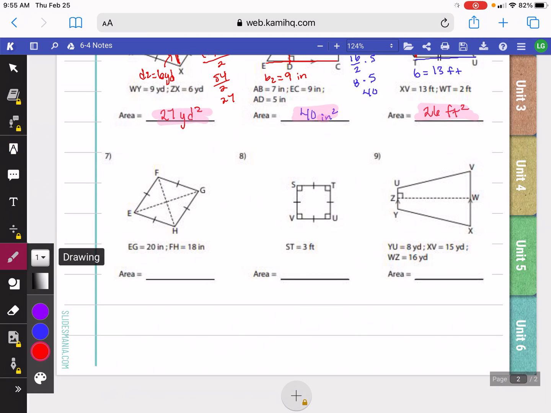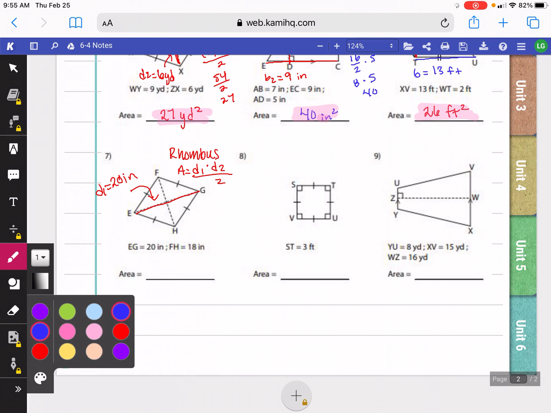Question 7 is a rhombus. We said the formula for area of a rhombus was diagonal 1 times diagonal 2 divided by 2. Here they're saying EG is 20 inches. I'm going to let that be my diagonal 1. And then FH is 18 inches.